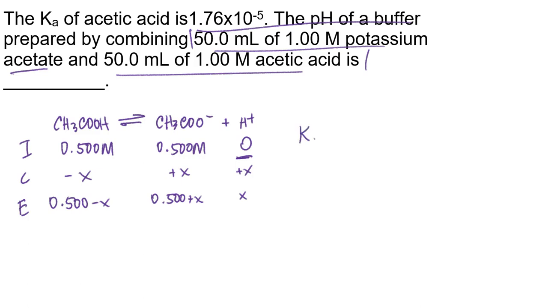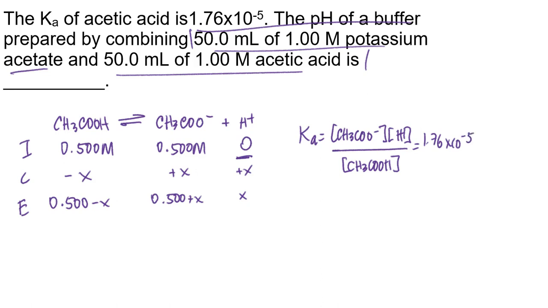If I plug these into the acid dissociation constant expression and set that equal to my Ka value, I should get 0.500 plus x times x divided by 0.500 minus x, and that's 1.76 times 10 to the negative fifth.